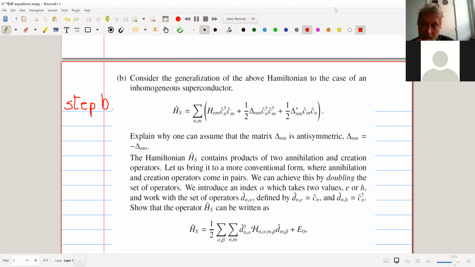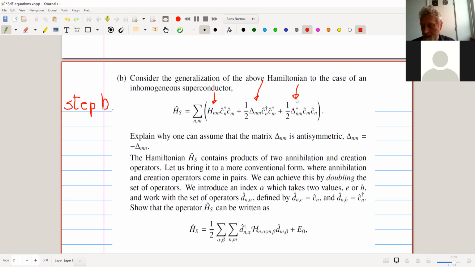How to describe the situation? Well, we have some single particle levels, which form a basis in single particle space, and both kinetic Hamiltonian and delta, superconducting part of the Hamiltonian, are arbitrary matrices in this basis.